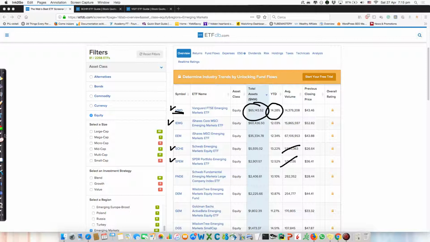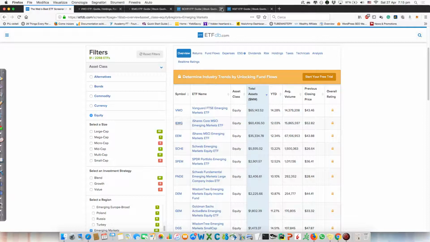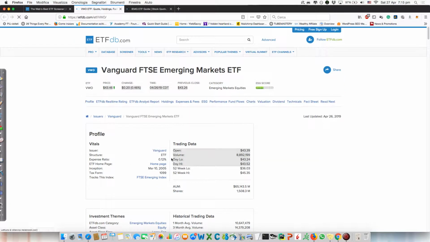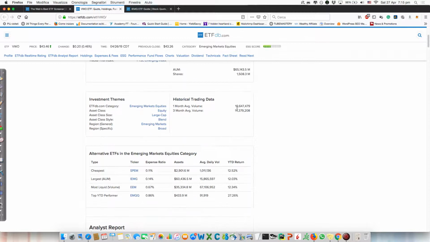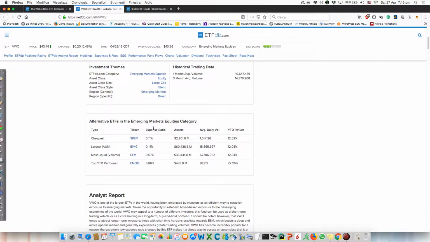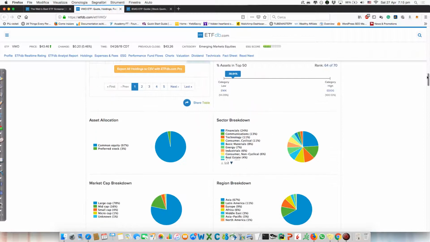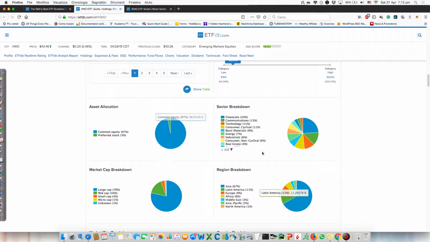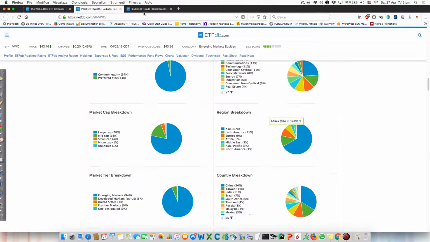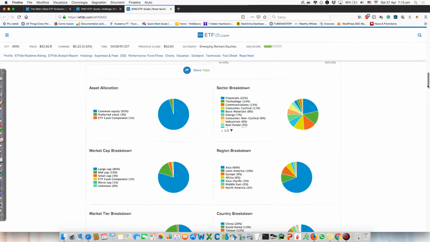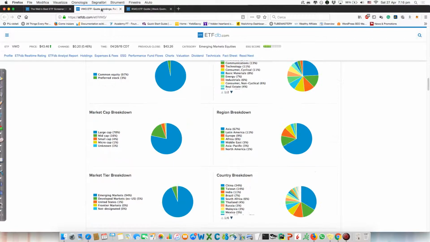We can check again, but it seems that VWO is a good one. So let's see, 0.12 again, okay. Let's go down. Here you can have a look at how the allocation is done, and of course ETFs may have different types of allocation.